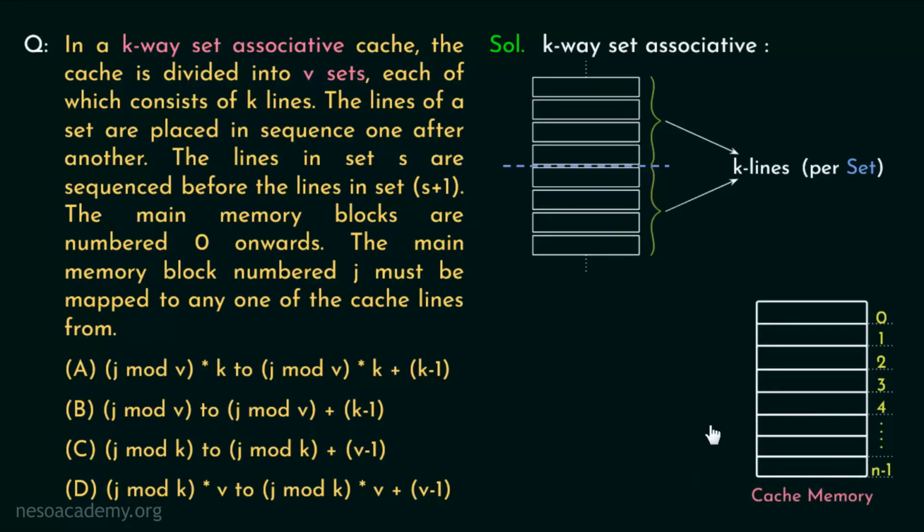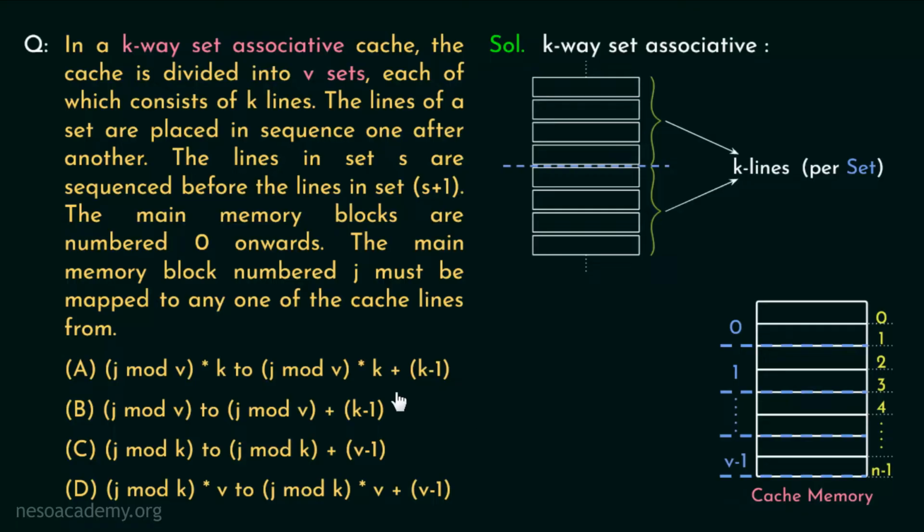Suppose this is a cache memory where n lines are there, that means n cache lines, starting from the line number 0 up until the line number n-1. Altogether there are n lines. Now since the cache is divided into V sets, we can imagine if we start the set numbers from 0, we will end up until the set number V-1 having altogether V number of sets.